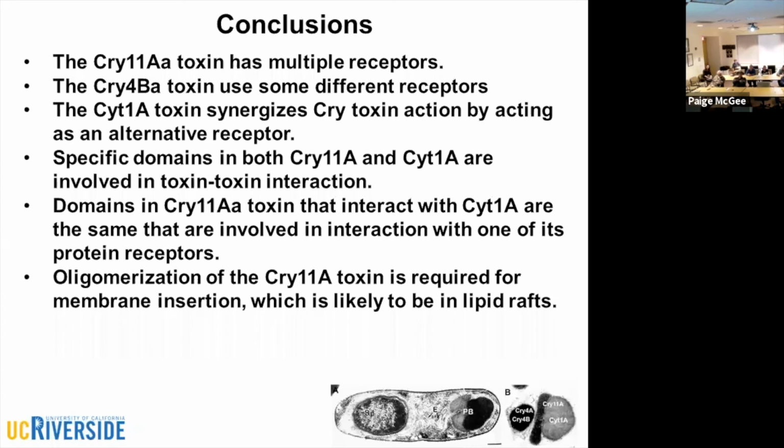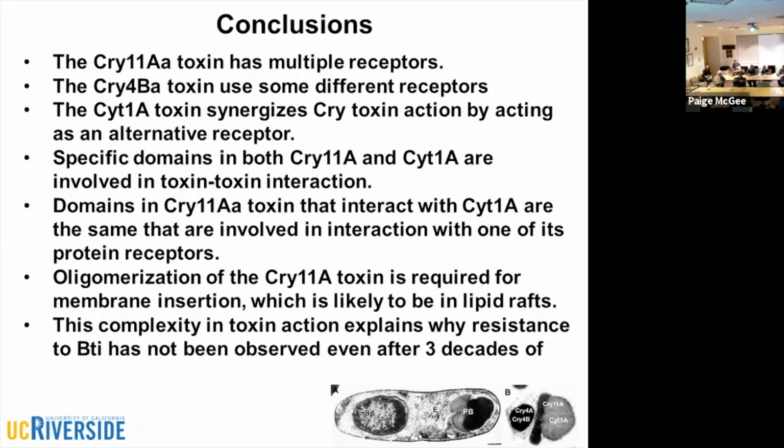The monomer has a high affinity, for example, to the cadherin molecule, whereas the oligomer has a high affinity for the GPI-anchored proteins. So this is quite critical. It is this complexity in the toxin mechanism, with multiple modes of action, which explains why resistance to BTI has not been observed even after 3 decades of use in the field.